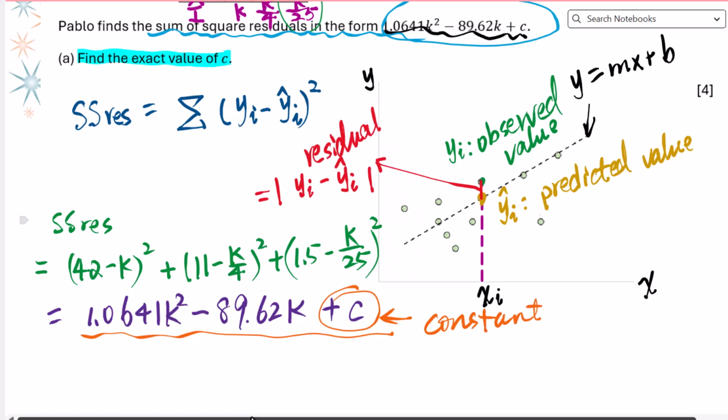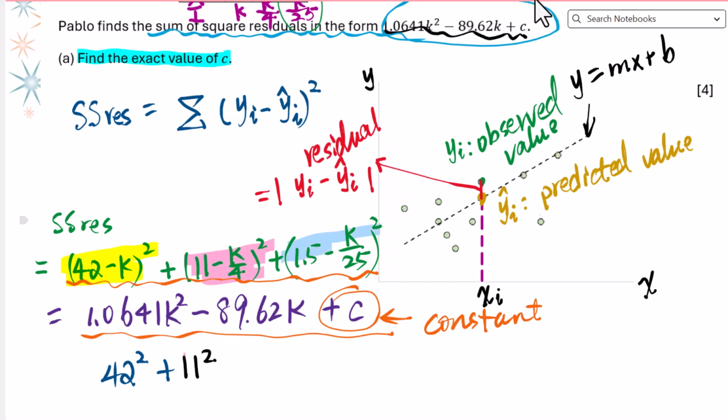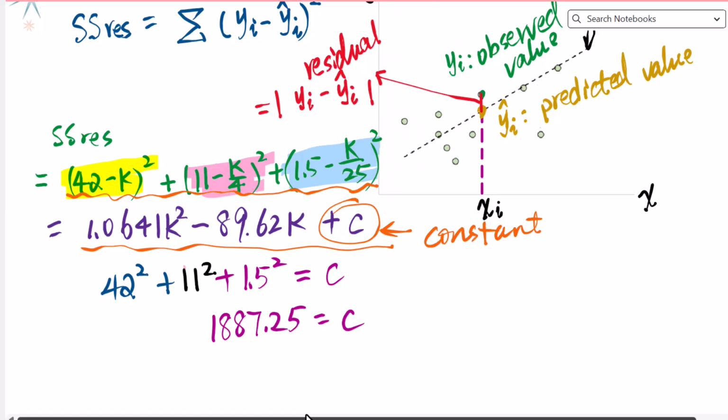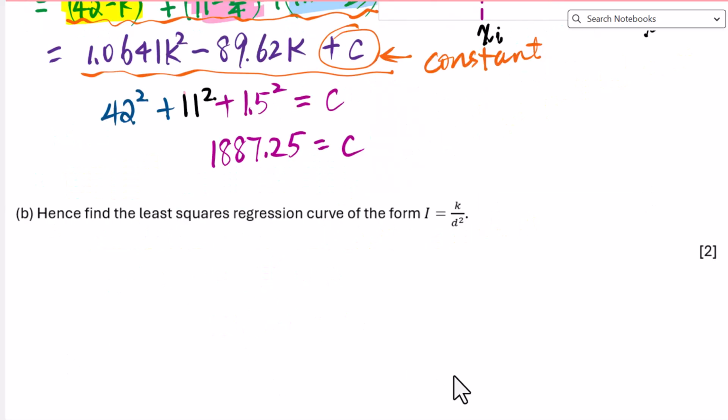So we just need to figure out on the left side of this equation what the constant number is, then we add them up, equals C. For the first expression, we got 42 squared as a constant, plus, for the second expression, we got 11 squared as a constant, plus, for the third expression, we got 1.5 squared as a constant, equals C. Let's use a calculator. C equals 1887.25. Let's go to B.